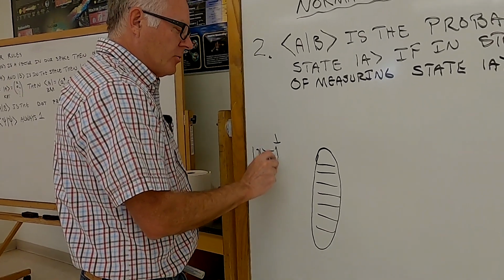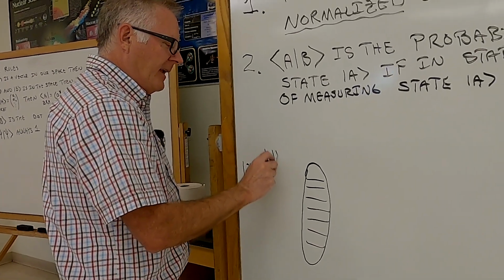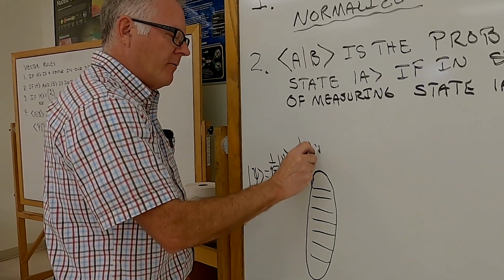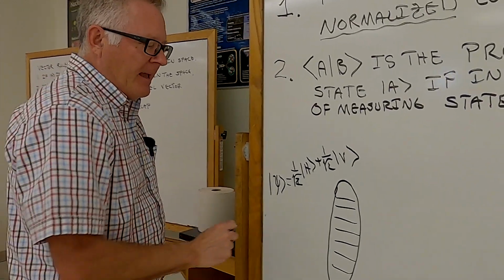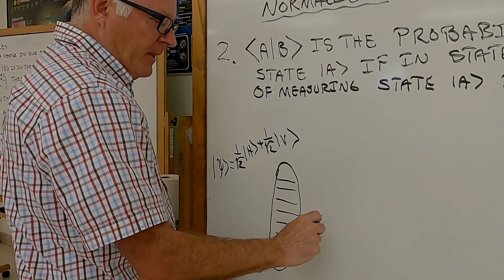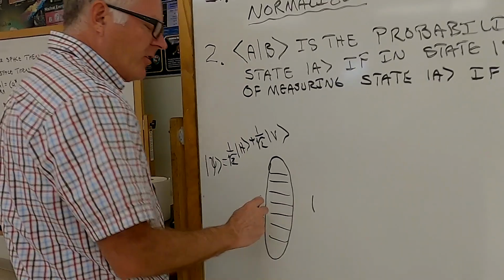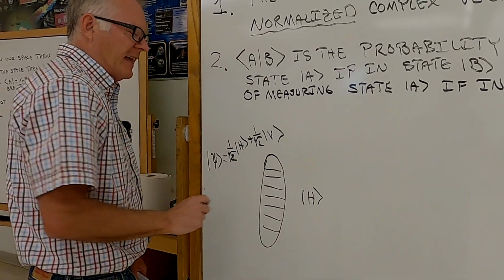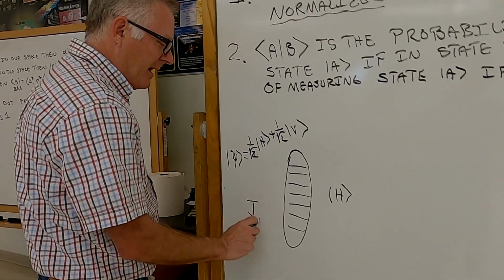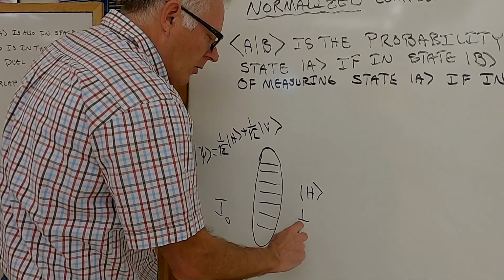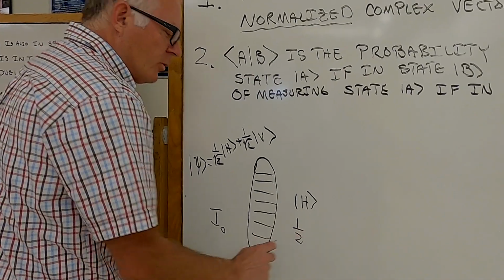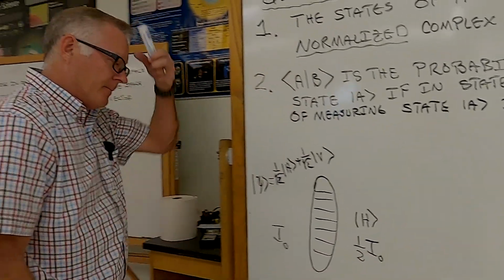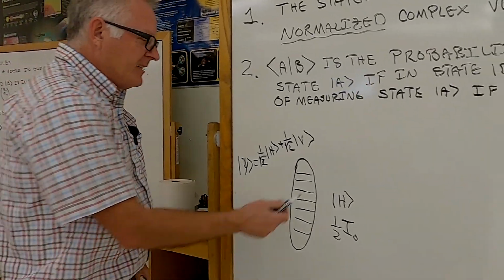It was 1 over the square root of 2 H plus 1 over the square root of 2 V. And then when it got through here, it was all in the horizontal state. The vertical didn't make it through. And we said if this was I naught, then this was 1/2. The probability of getting through was 1/2, so it's 1/2 the intensity.